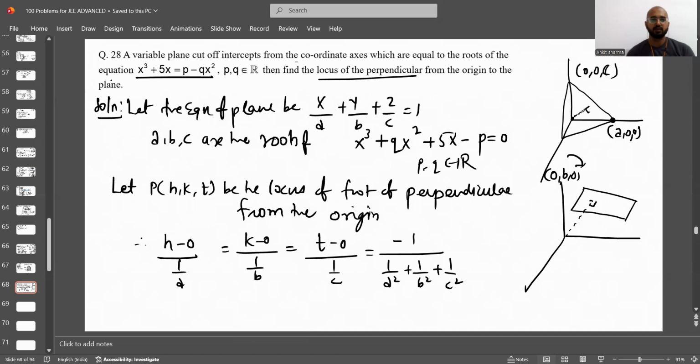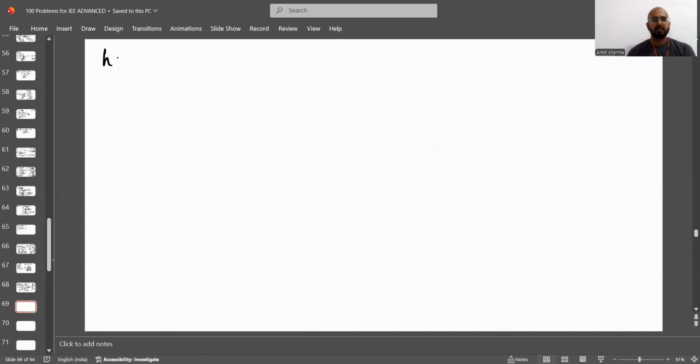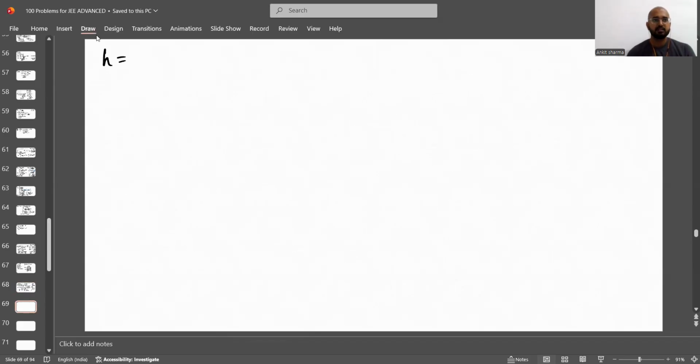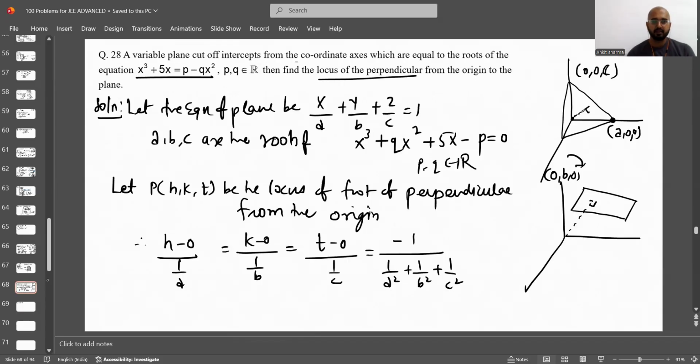Now let's find out h, k, t. From here, h into (1 over a square plus 1 over b square plus 1 over c square) is equal to minus 1 by a.